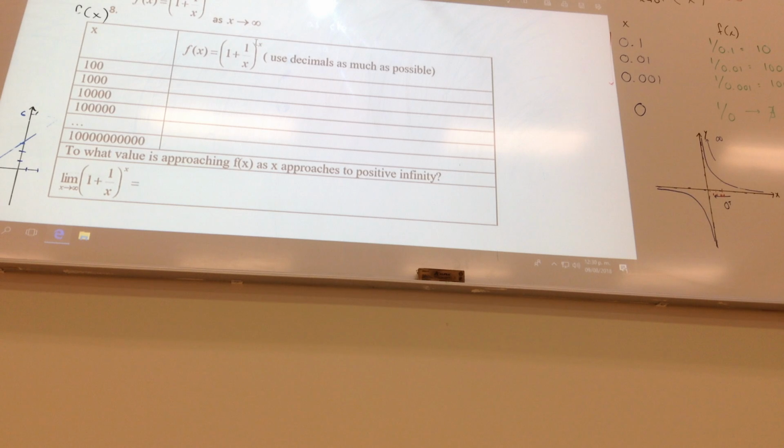Let's try doing number 8. This one's a little tricky, so I'll try to go a little slower so you can understand. It says f of x, same place. f of x equal to (1 plus 1 over x) to the x power as x approaches infinity.